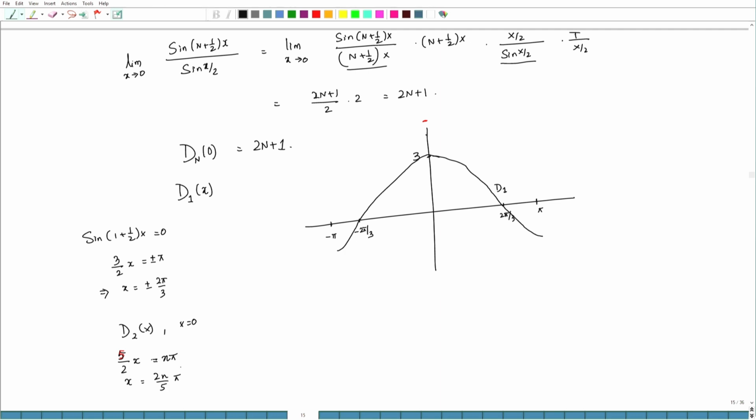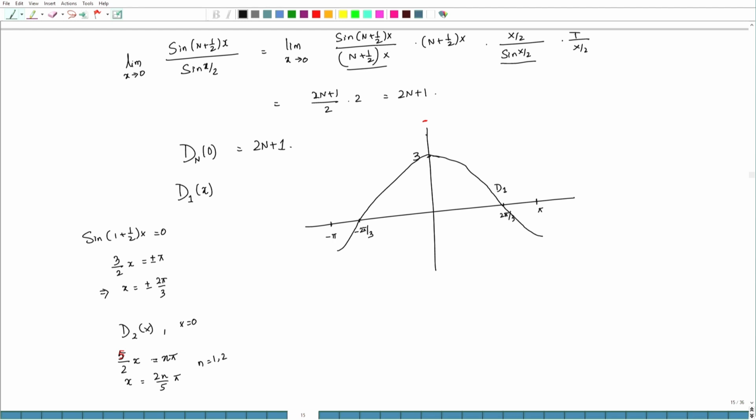Now, x we are considering on minus pi to pi. So, 2n by 5 pi has to be less than pi and greater than minus pi. Therefore, this will tell us that n is equal to 1, 2 and minus 1, minus 2.